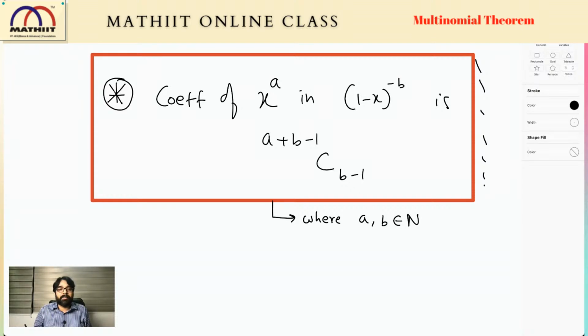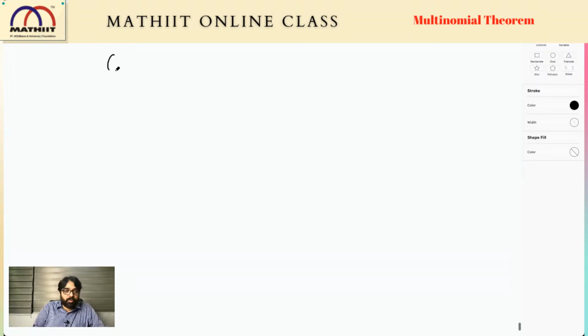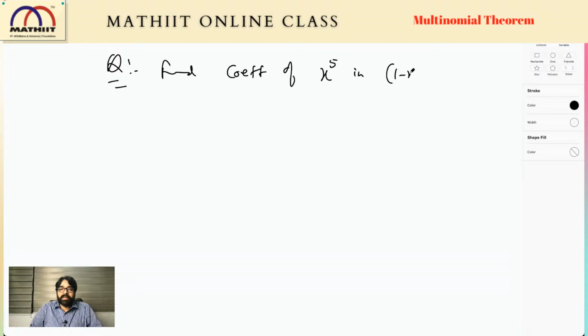What actually the drama is, that's what I wanted to reach at this point. For example, suppose I ask you a simple question: find the coefficient of x power 5 in (1 minus x) power minus 3. Very simple answer, direct.